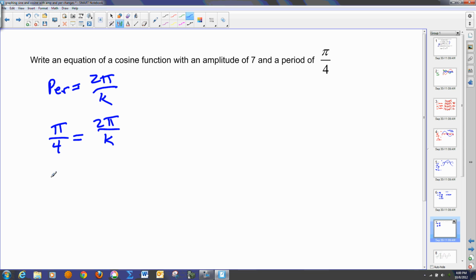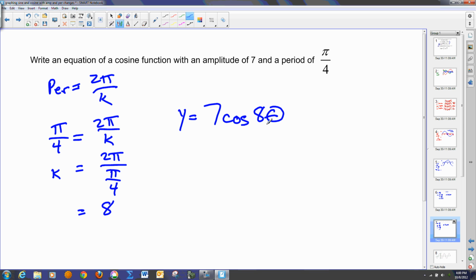I then know that k is equal to 2 pi over pi over 4. And in this case, that's going to be equivalent to 8. Now I can write my function. I can say y is equal to 7, which is my amplitude, times the cosine of k times theta. And there we have it.